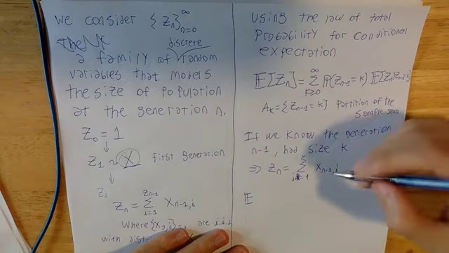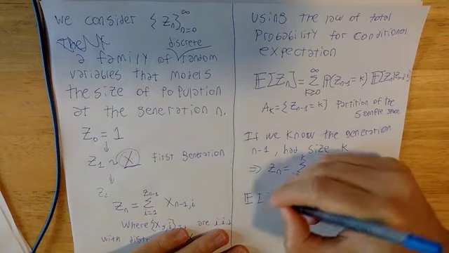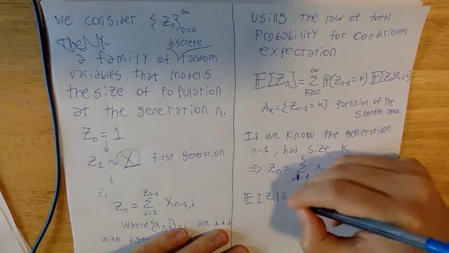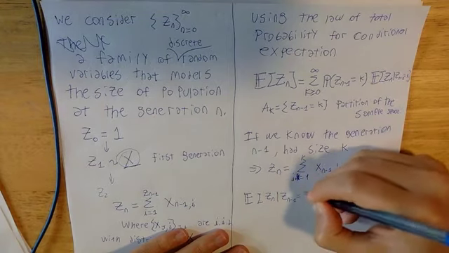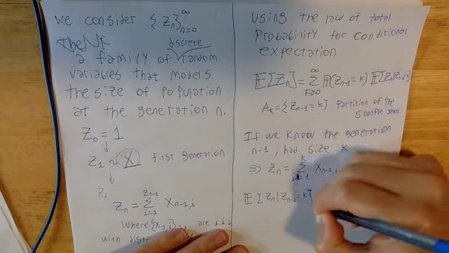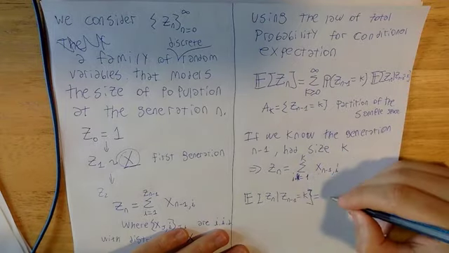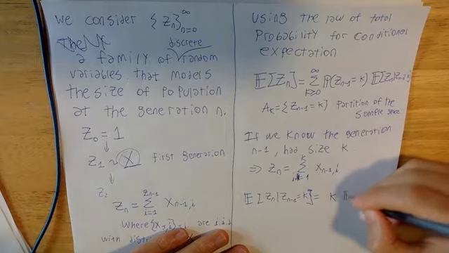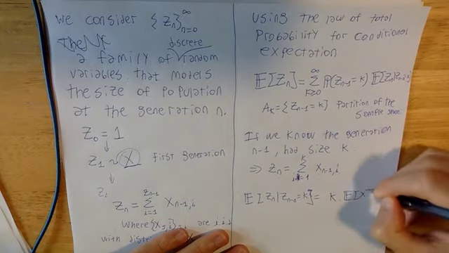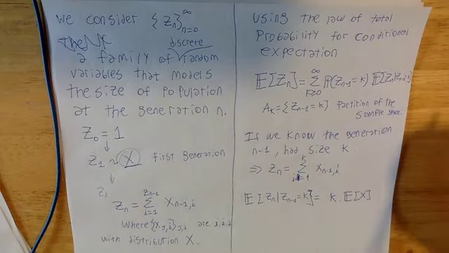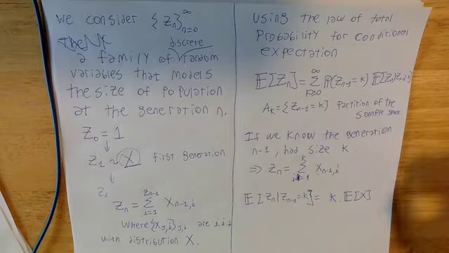These are all IID, so the expectation of zeta n given zeta n minus 1 is equal to k is equal to k times the expectation of the original discrete random variable X.